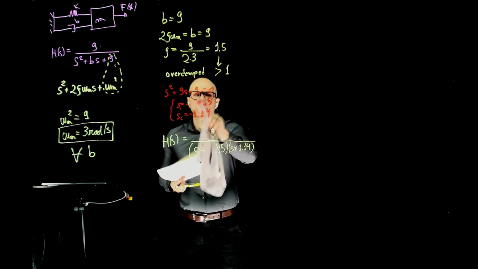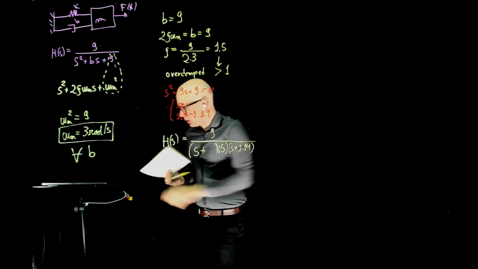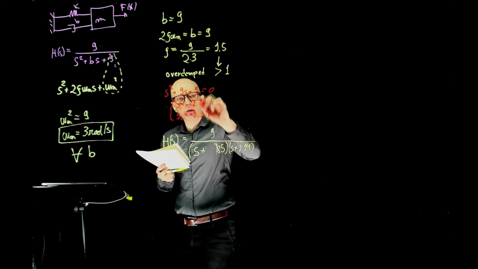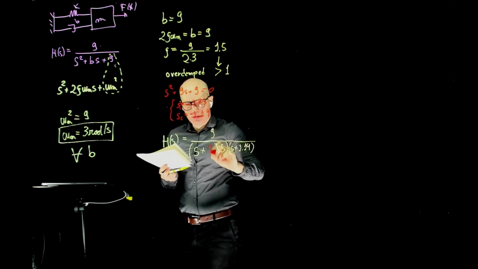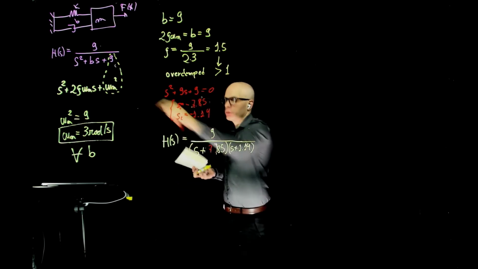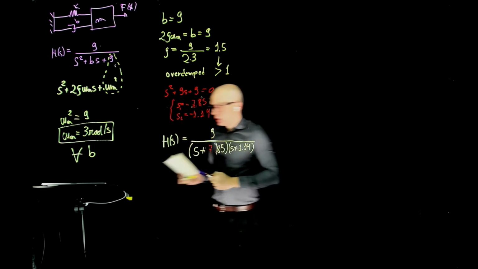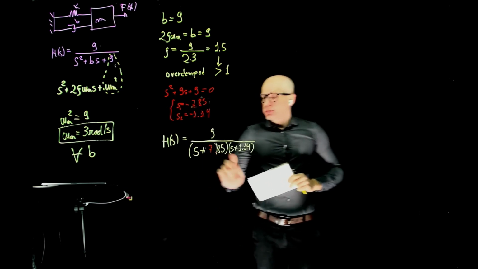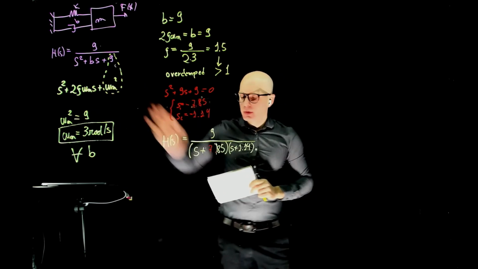So 7.85. Sorry, I'll double check the numbers. The numbers are not important. So 7.85. Now we multiply them. When you multiply this out, we go back here and you get the same function.